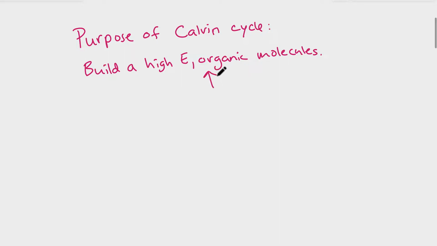Remember, organic means that it's a carbon-based molecule, meaning that its skeleton basis is carbon, and then you can add other atoms, other elements, onto that. So carbon-based, for example, something like glucose is a classic example of something people say, oh, photosynthesis makes glucose. That's the carbon organic molecule, the carbon-based molecule.